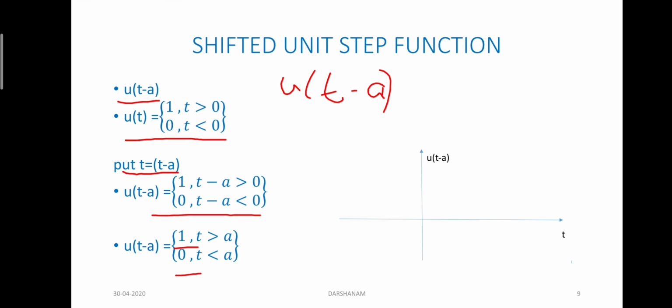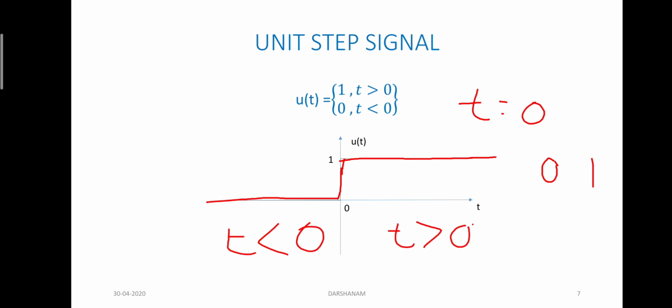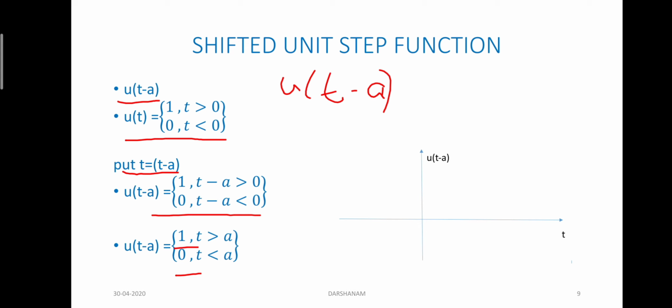So we can see in this unit step function, for t greater than 0 the value is 1 and for t less than 0 the value is 0. But in the case of the shifted unit step function by a factor of a, for t greater than a the value is 1.